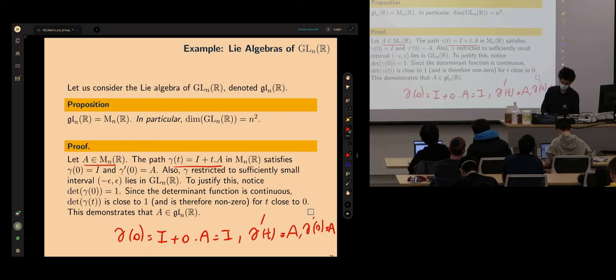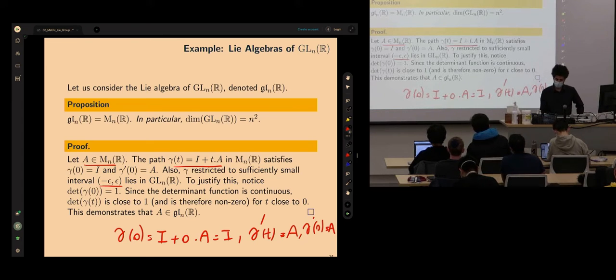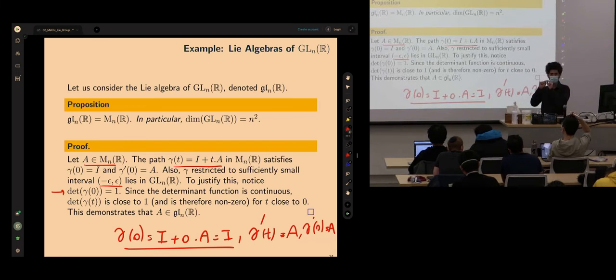Now, the logic is that if you assume this interval is small, then the determinant of gamma at point 0 is 1, because gamma 0 is identity. As you change t to be a little bigger or smaller within this small interval, the determinant will change smoothly because the determinant is a continuous function.